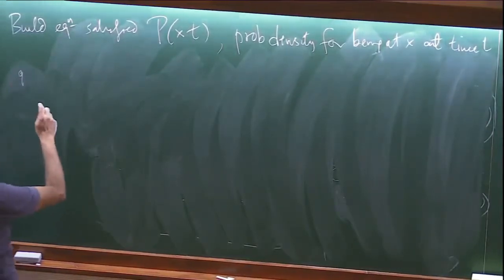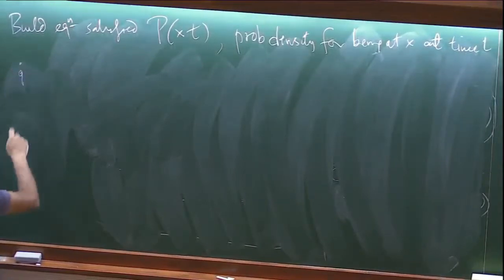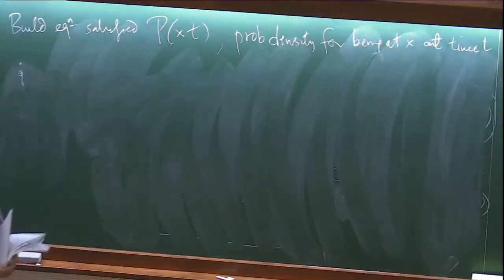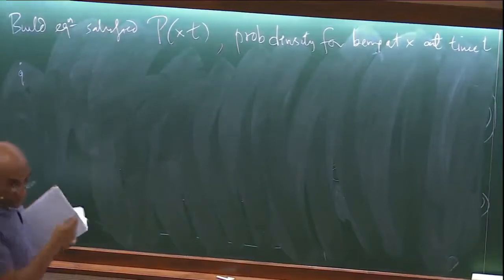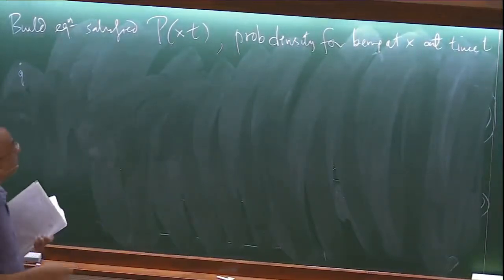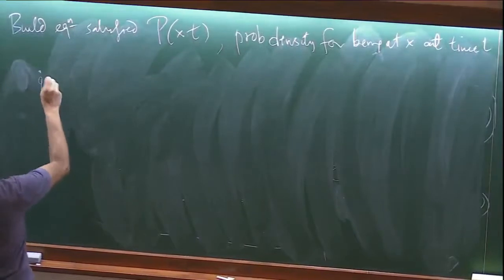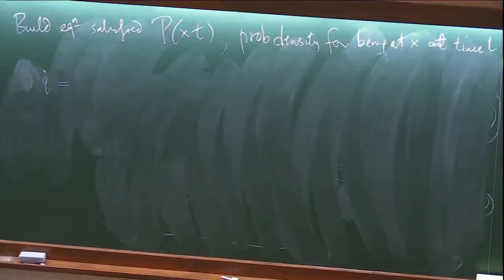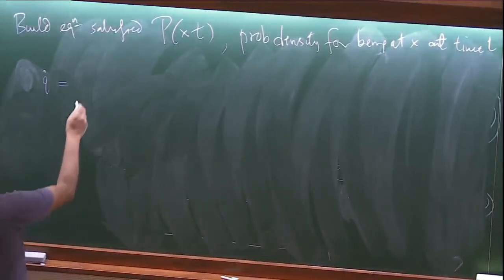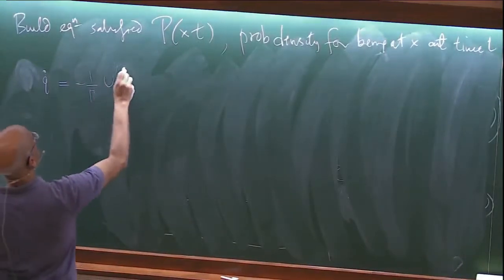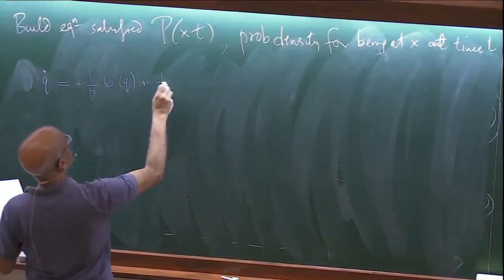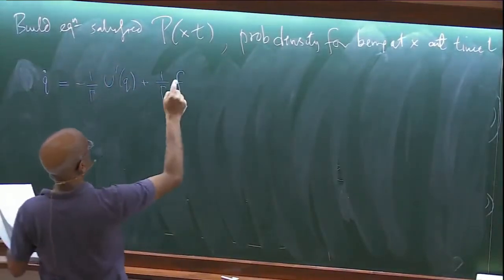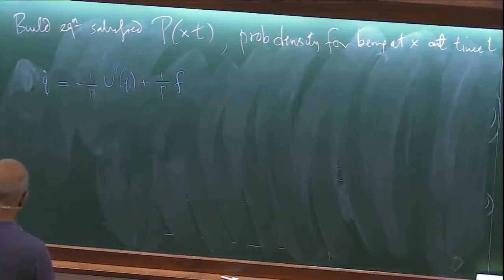Now, let me use q as my random variable, and let me use x as the values it takes. The probability that q has the value x at time t. So I've got q dot equals, something, borderline consistent with earlier notation, where this is a white noise with that strength that we talked about.